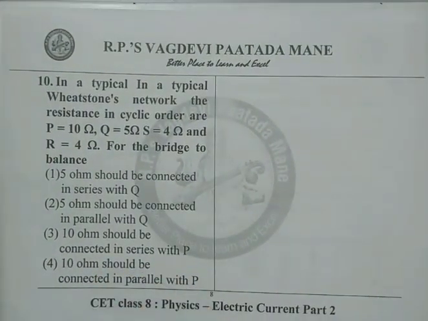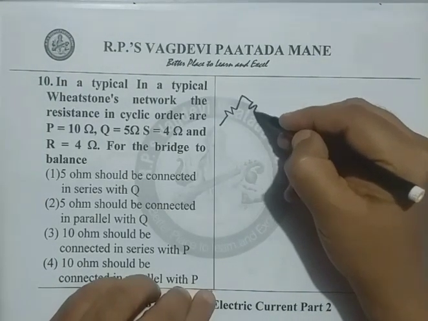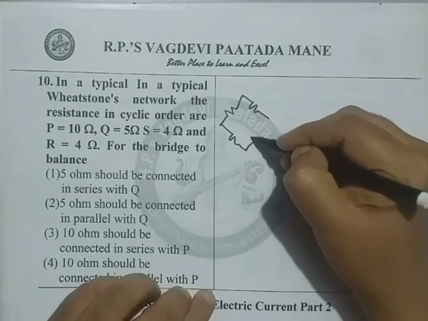Now in this 10th question, a typical Wheatstone network, the resistances in cyclic order P, Q, S, R are given. For the bridge to balance, in the cyclic order means we write like this.